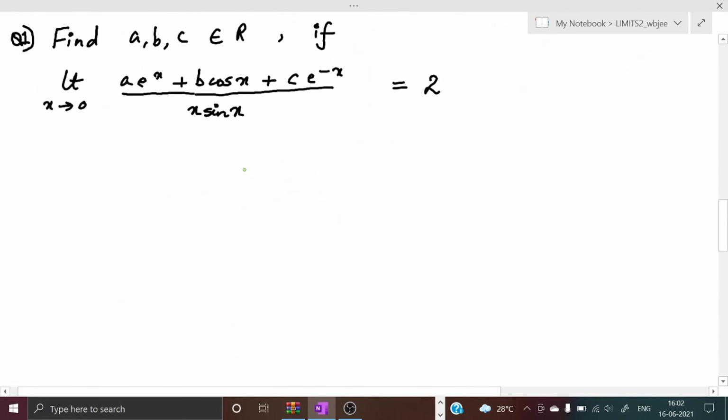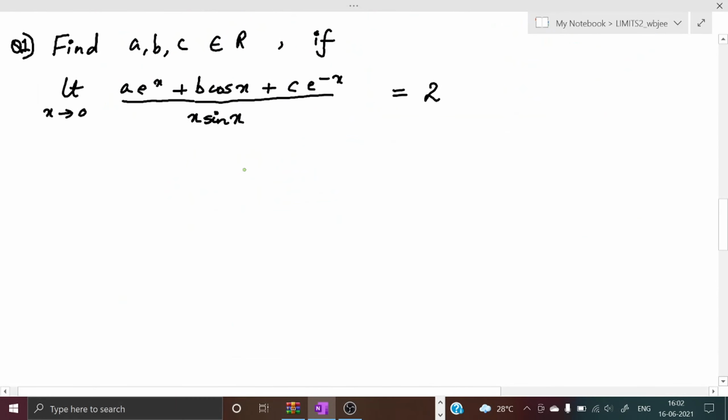So this is the first question. This is a very important question, because this type of question comes in all sorts of competitive exams. You have to find the value of the unknowns using limits. Whenever you see this type of question, you will not try to use L'Hopital's rule, because e to the power x, whenever you differentiate, e to the power x will remain.